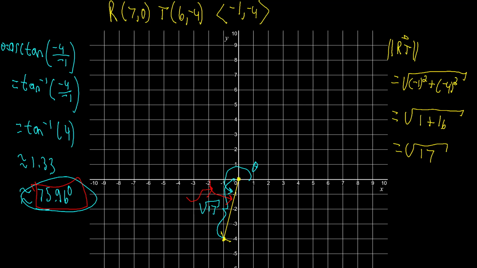So our final answer will be that theta equals, and then we're just going to add 180 to this. So throw that into a calculator, or use basic math, and we'll figure out that that is very simply just 255.96 degrees.